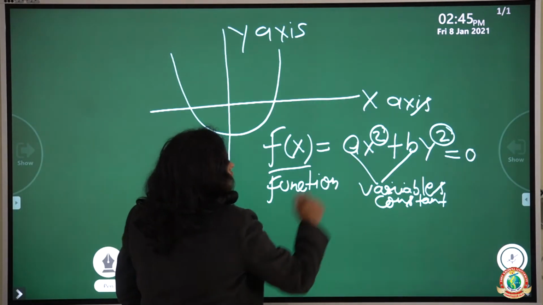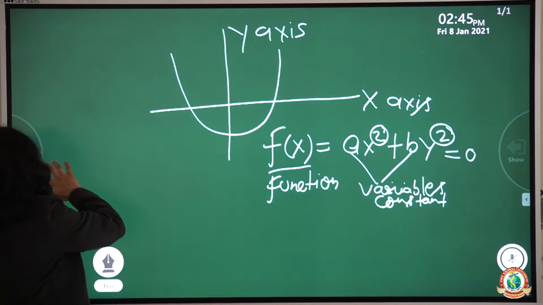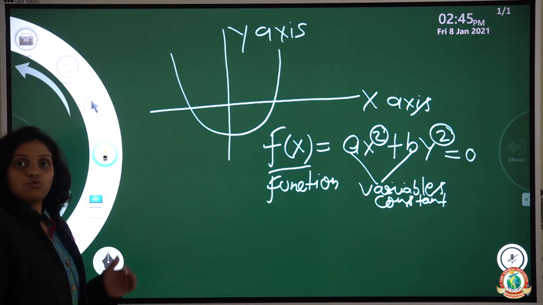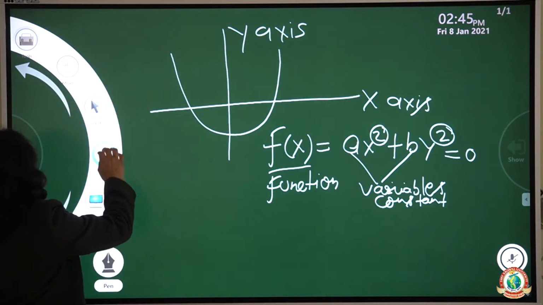The degree of x and y is 2, and the non-linear equation contains two or more higher degrees.